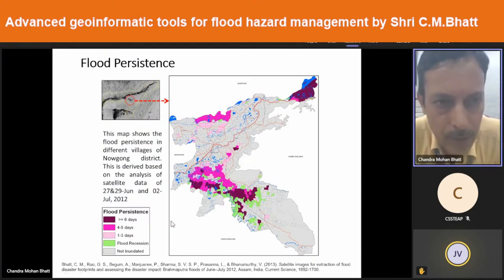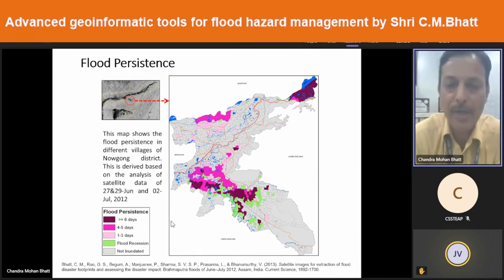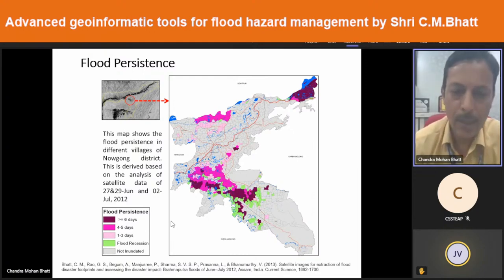This is one example of flood persistence. Once flooding initiates, it lasts for almost weeks and months. Since we have continuous observation from satellite data, which has a pass after 3 days, 5 days, or 10 days, whatever the temporal resolution is, we can continuously map these areas and see where the water is persisting for a larger duration. Those areas where water is persisting for a larger number of days, you will have the problem of epidemics.